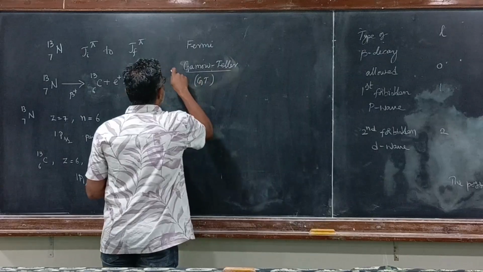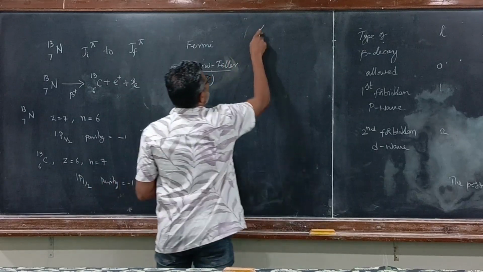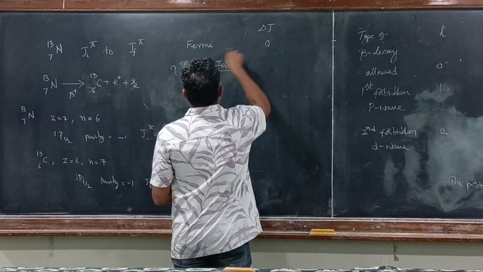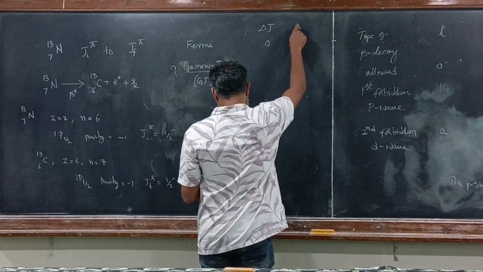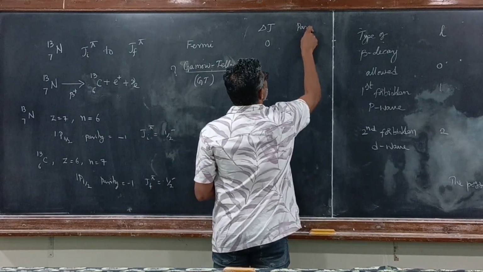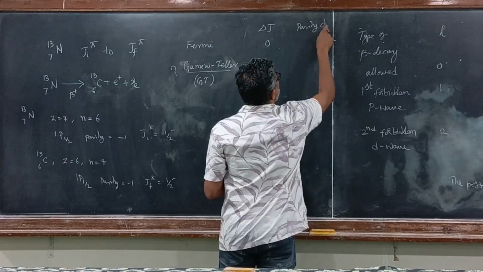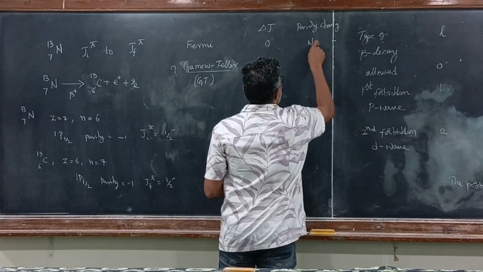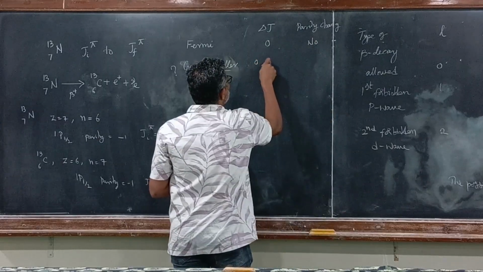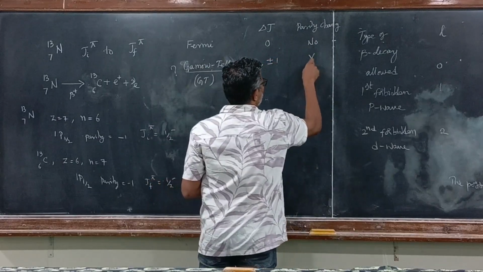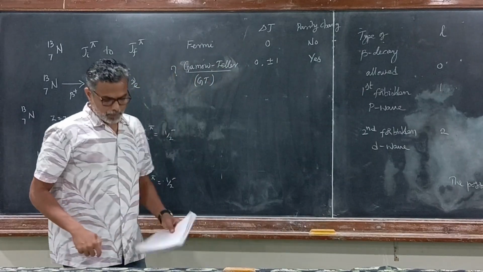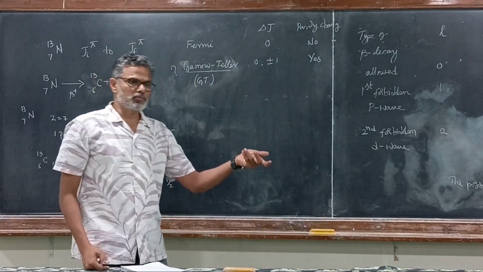So maybe in the question paper you can check this spelling, the GT transition. Whenever delta J is zero with no parity change, it's called a Fermi transition. And when delta J is 0 or plus or minus 1 and the parity changes, then you call this Gamow Teller. Why is the parity changing when the orbital is moving?